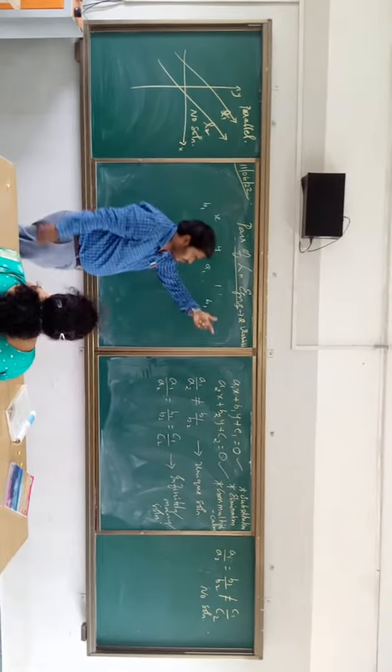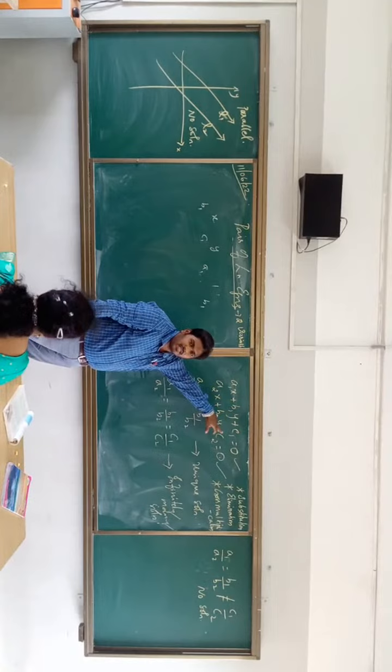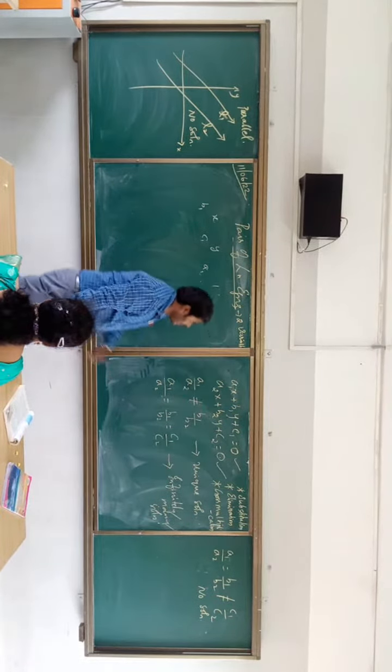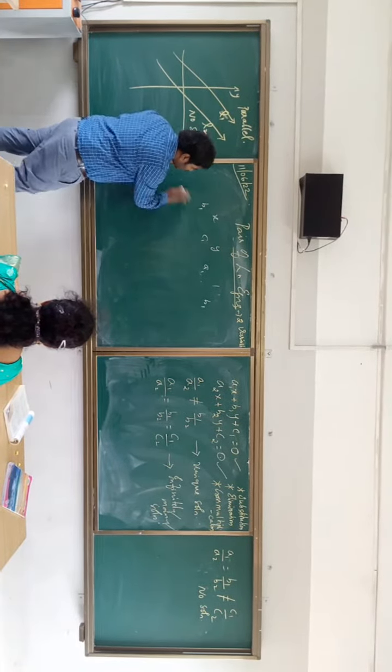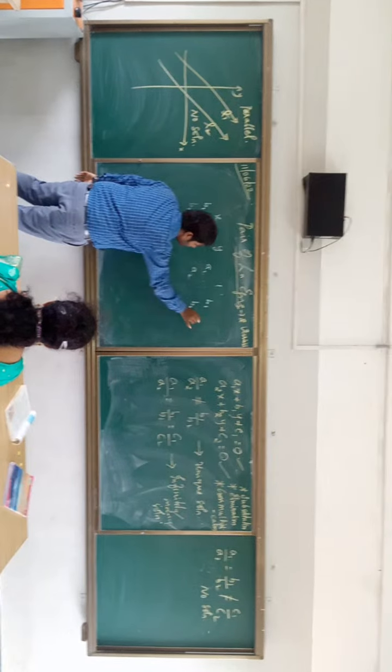Once again I will repeat for the cross multiplication method: you start with the coefficient of y, constant, coefficient of x, and end again with the coefficient of y. So b1, c1, a1 and again b1, and here simply b2, c2, a2 and again b2.